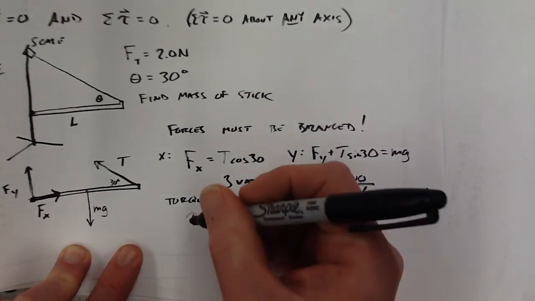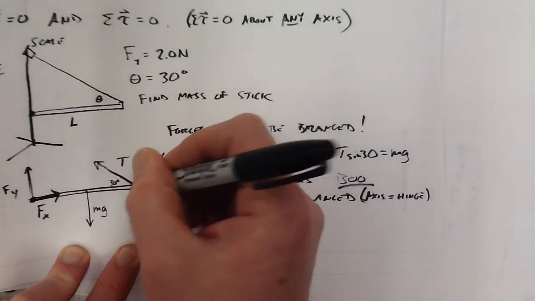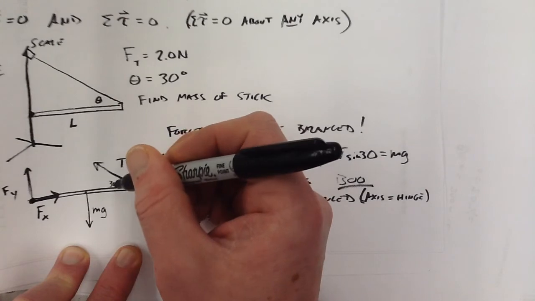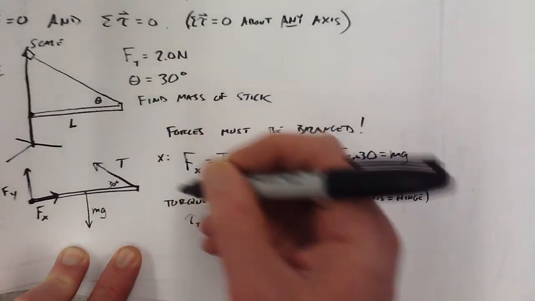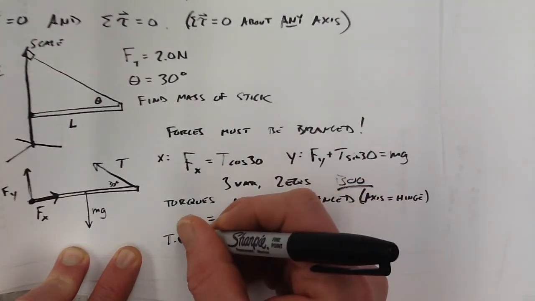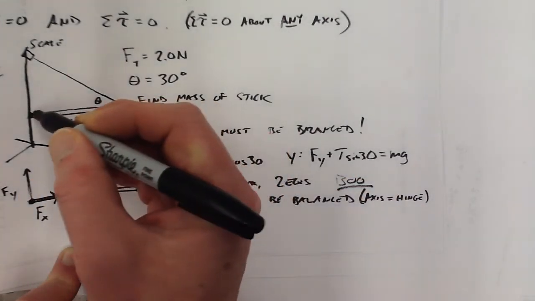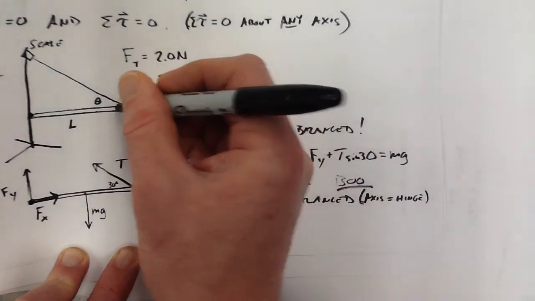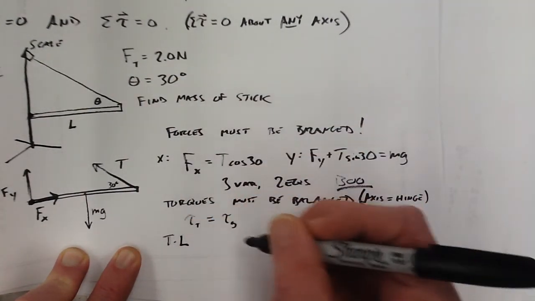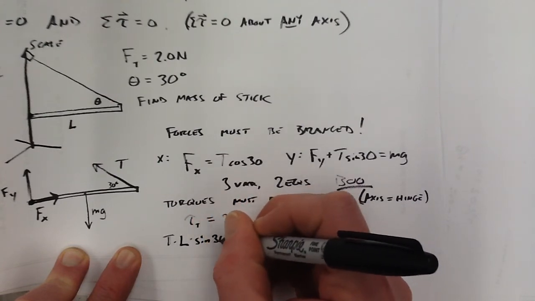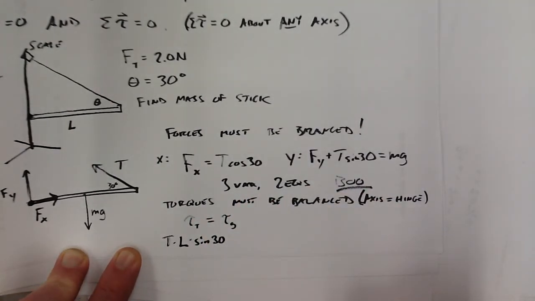What do those look like? The torque caused by tension is force times radius times the sine of the angle between them. So that's T times the radius, that's the full length of this thing, right? That's from axis to point where the force is acting, times the sine of the angle between them.